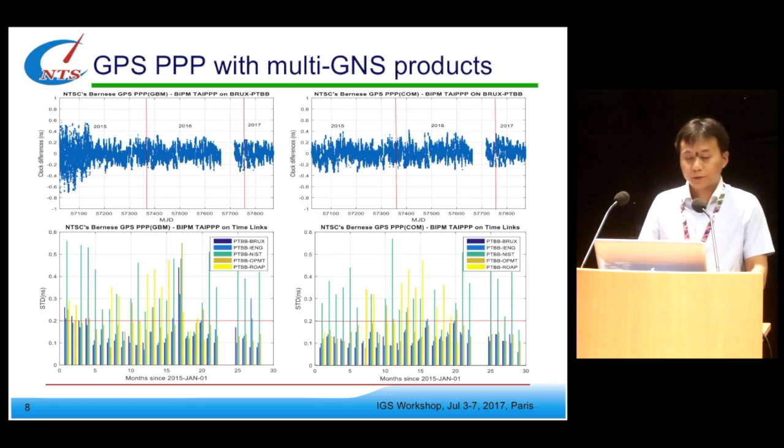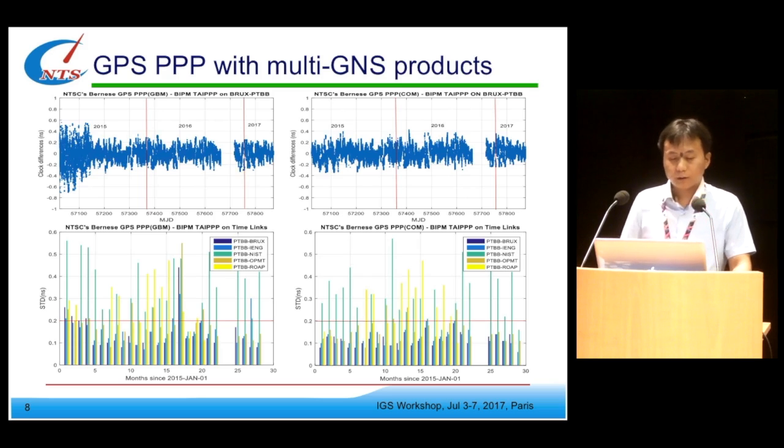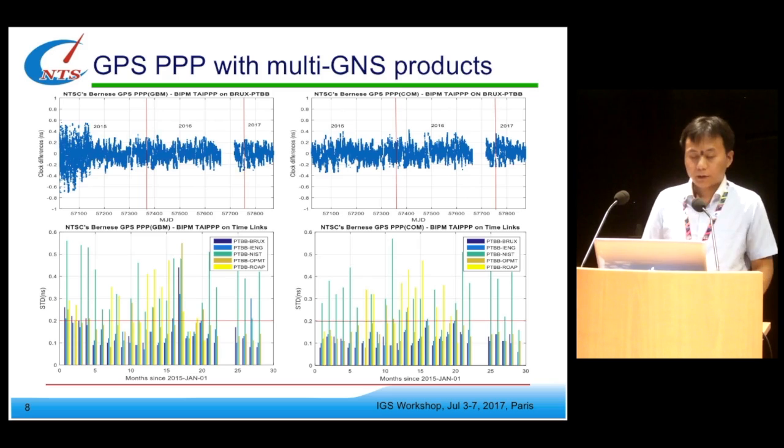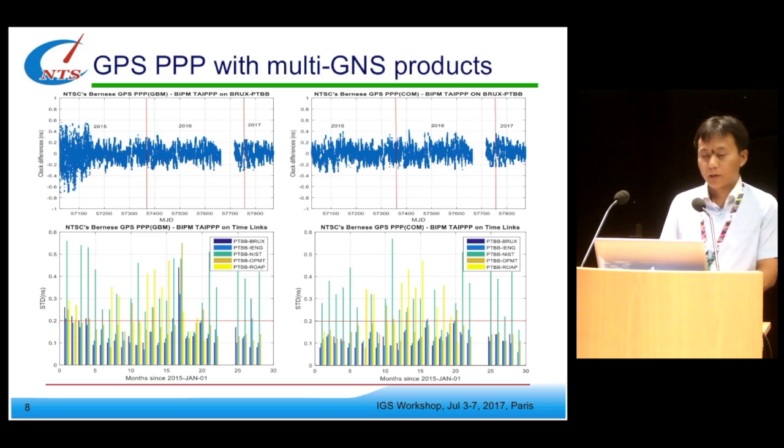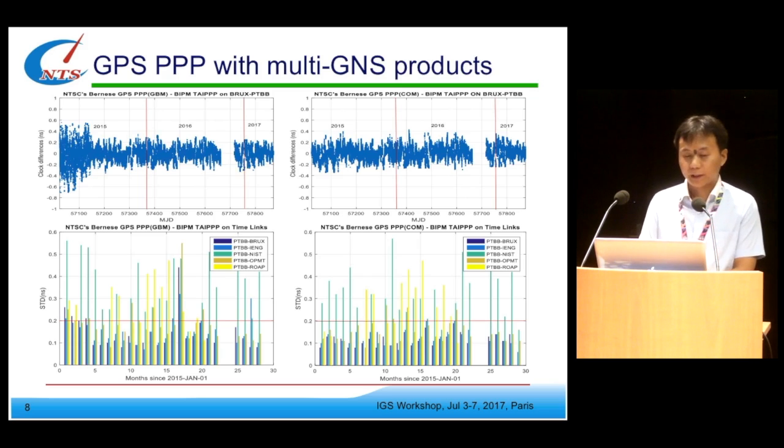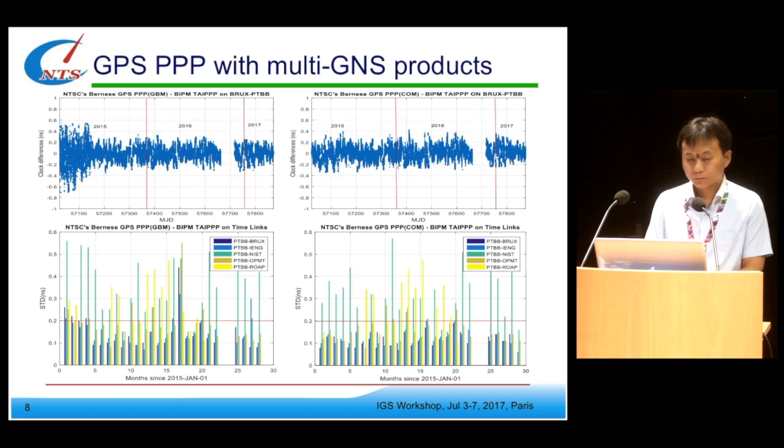And then we use the same data, but changed to multi-GNSS products, to see how its performance is based on multi-GNSS products. In the top graphics are the time series compared with BIPM TAI PPP on links BRUX and PTBB.